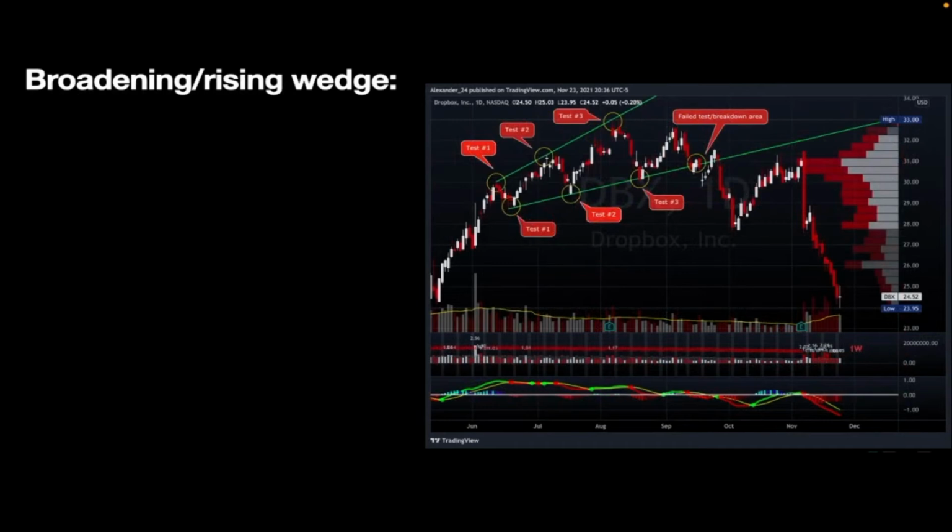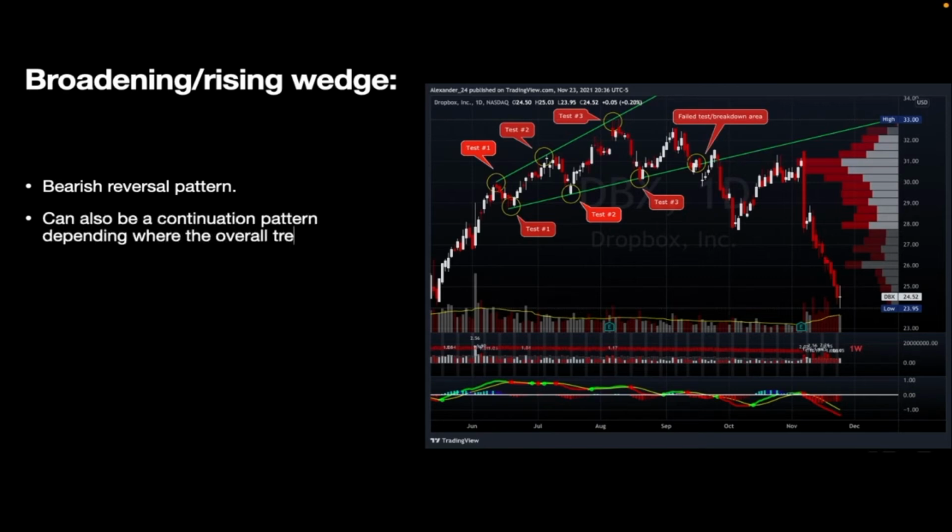All right, now our second bearish pattern, we got a broadening rising wedge. In this example, it's also a bearish reversal pattern. It can also be a continuation pattern depending where the overall trend is at, just like the others. In this case, it's a clear reversal. We're always in an uptrend and stuff eventually changes.